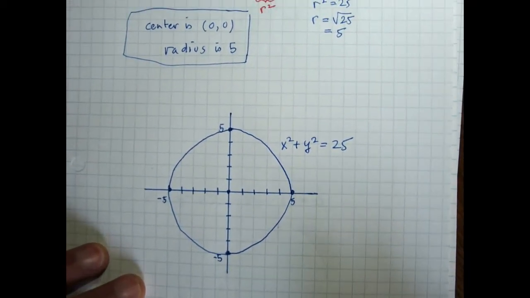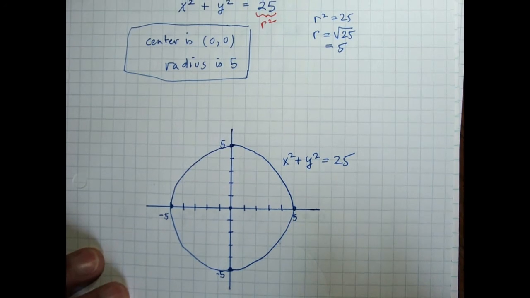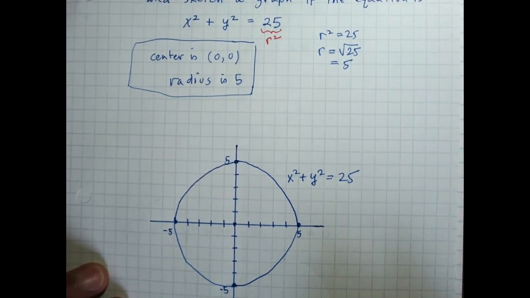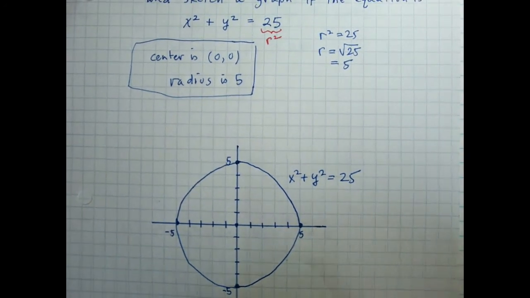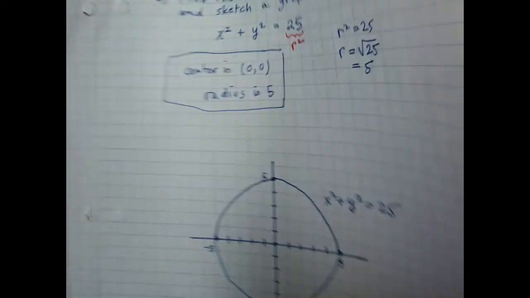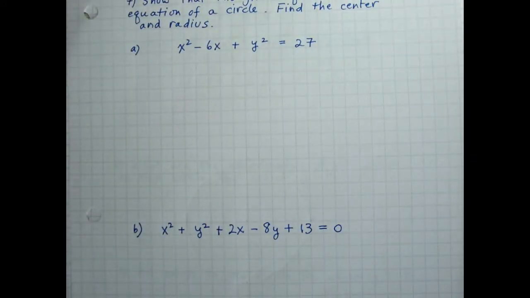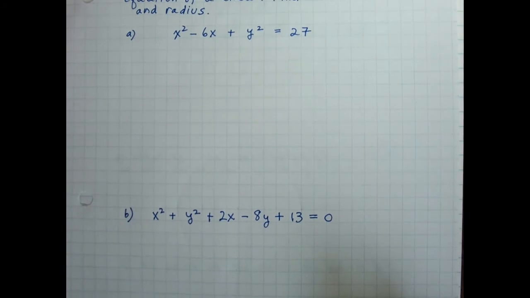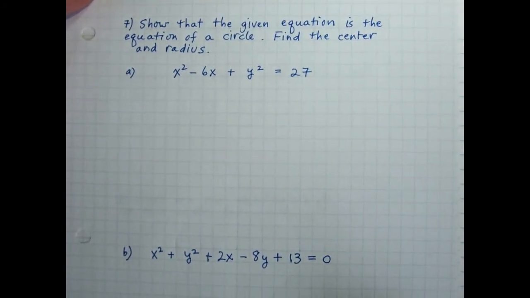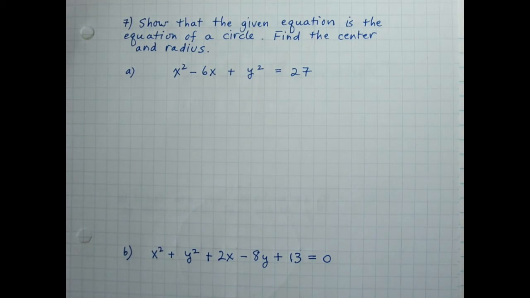Again, notice that the radius is 5, even though we see that number 25 on the right-hand side of the equation. Okay, let's do a couple more here. Show that the given equation is the equation of a circle. Find the center and the radius.